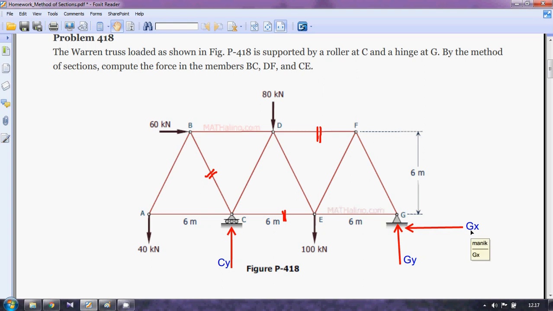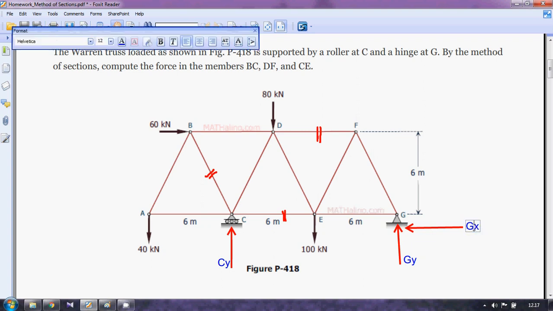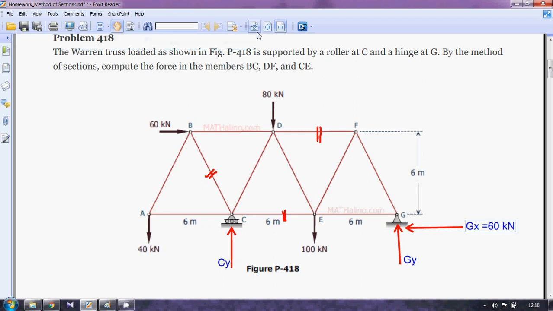So Gx will obviously be 60 kilonewton, but in the opposite direction, because a reaction, by definition, actually opposes the incoming load. So I can write that Gx will be 60 kilonewton, and the direction must be in this direction, because only one force is acting in the x direction, 60 kilonewton here. So the reaction is 60 kilonewton in this direction.